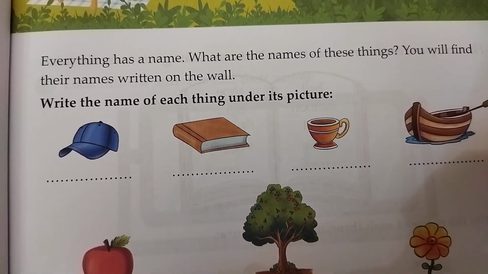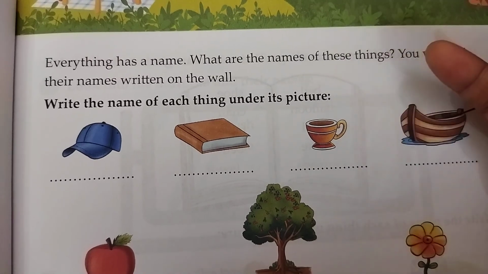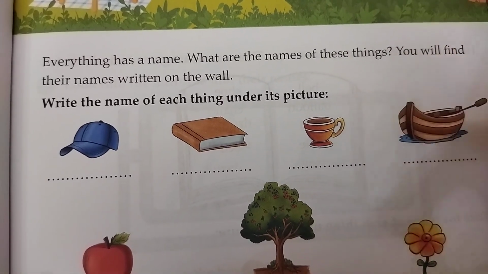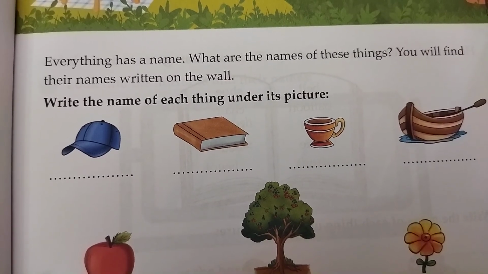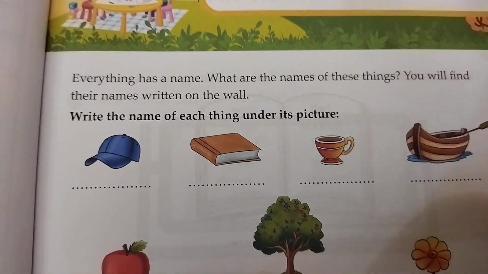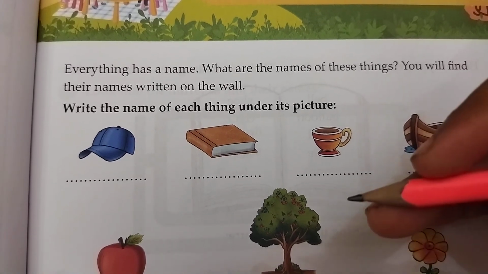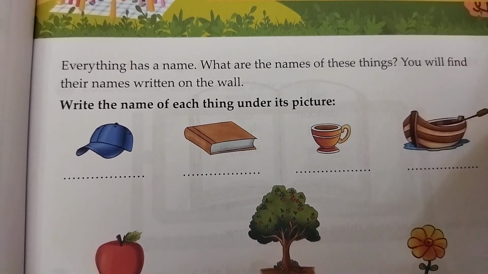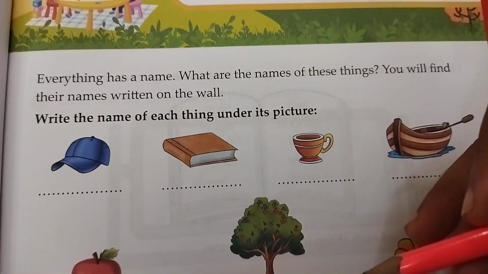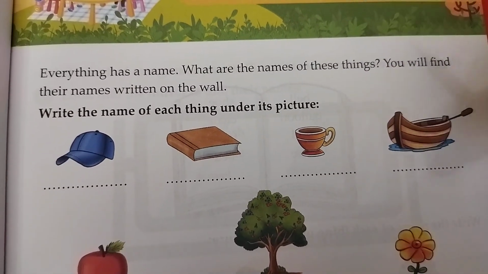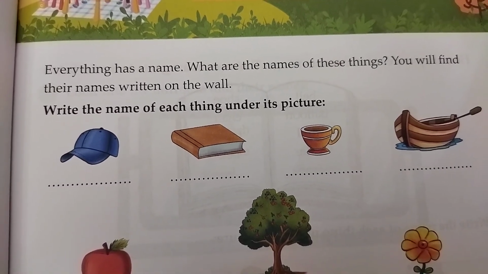For example, if we enter the kitchen, we can see a lot of utensils, a lot of pots, and a lot of different things there. For example, spoons, forks, cups, saucers, bowls, plates, and the stove, matchstick, matchbox, and a lot of other things. You can just go in the kitchen and find out what's in your kitchen.